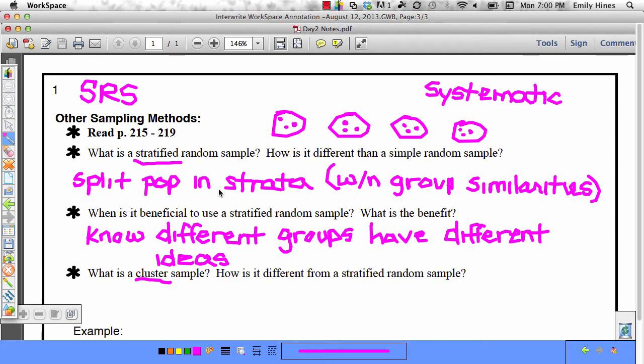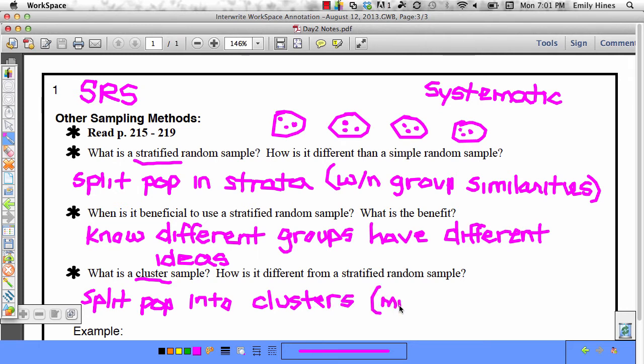In a cluster sample, you are still splitting the population into groups, called clusters. But in this case, you want each cluster to mirror the population, so you want differences within the cluster.